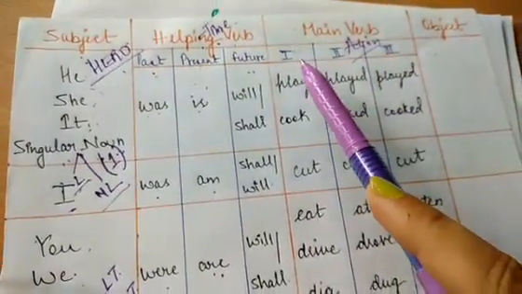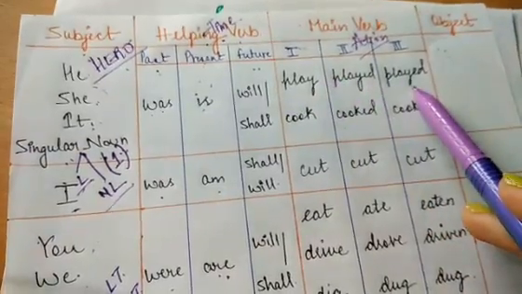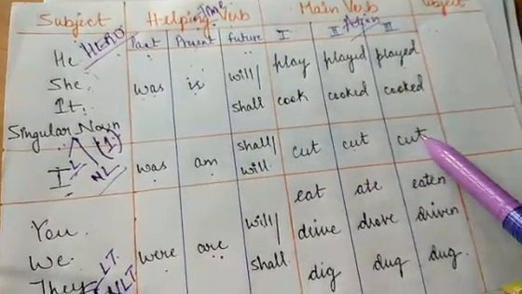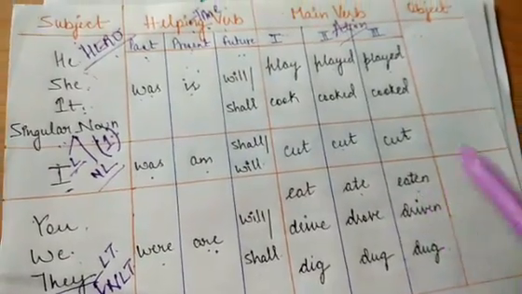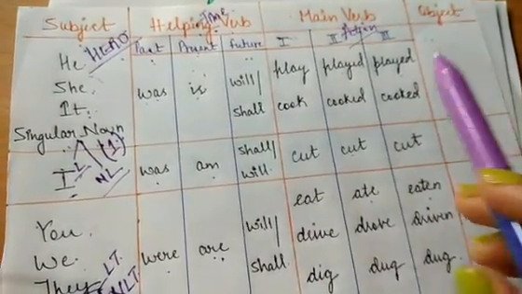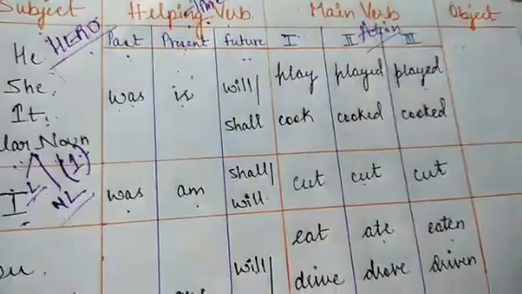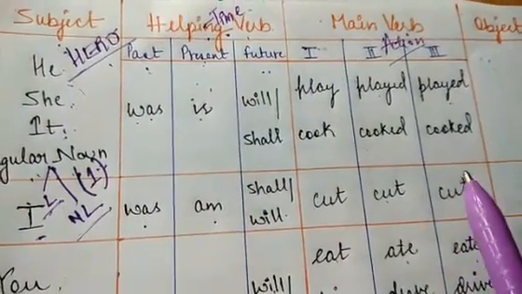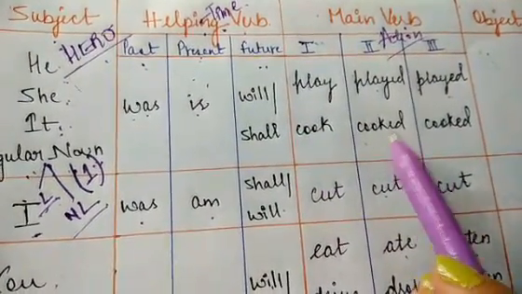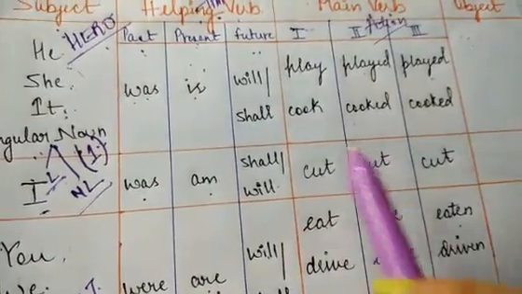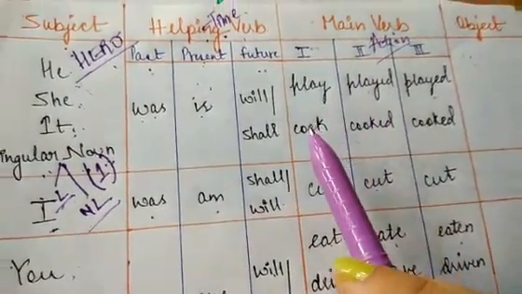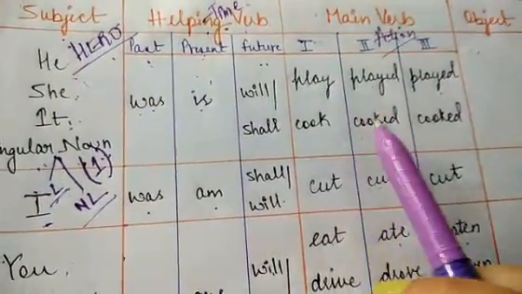The three forms of a verb can be similar, or the same, or totally different. For example, play, played, played. Cook, cooked, cooked. We can have many more verbs with similar transitions in different forms.